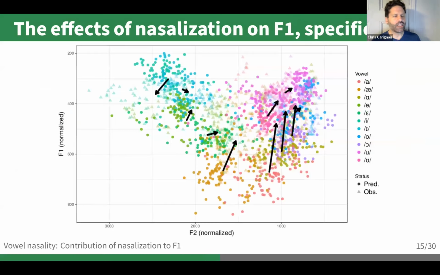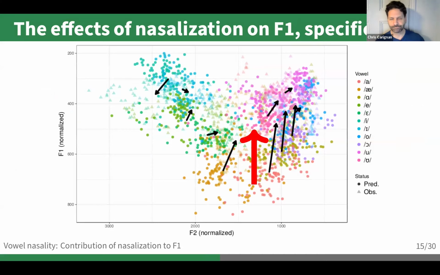And I'm especially interested in this main effect. So from this Jazza paper, the strongest, most consistent effect was a lowering of F1, primarily for low vowels, really for all non-high vowels, but especially for low vowels.